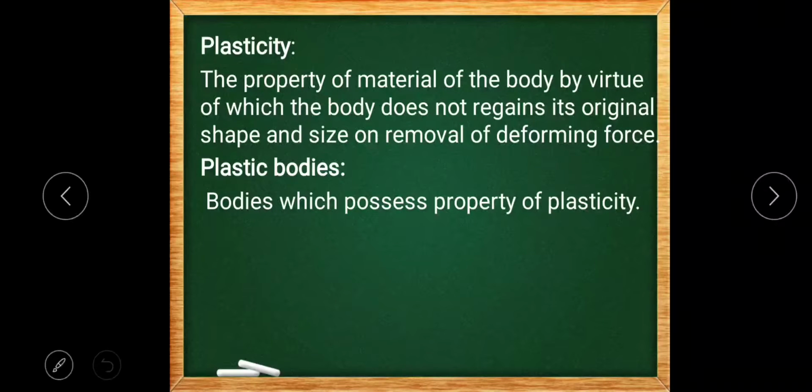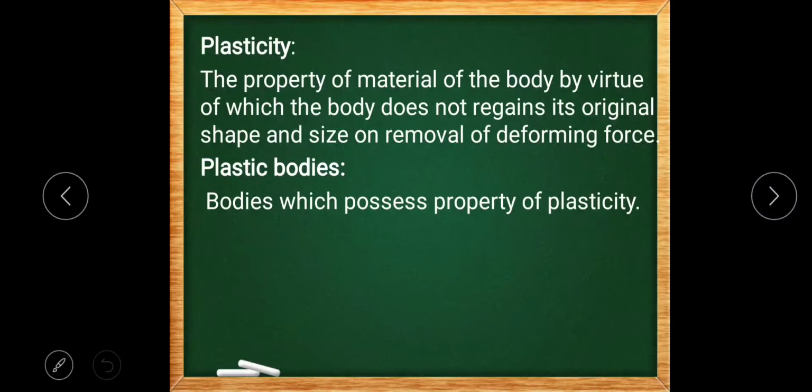Next is plasticity. It is the property of the material of the body by virtue of which the body does not regain its original shape and size on removal of the deforming force. Those bodies which possess the property of plasticity are called plastic bodies. Consider an example.